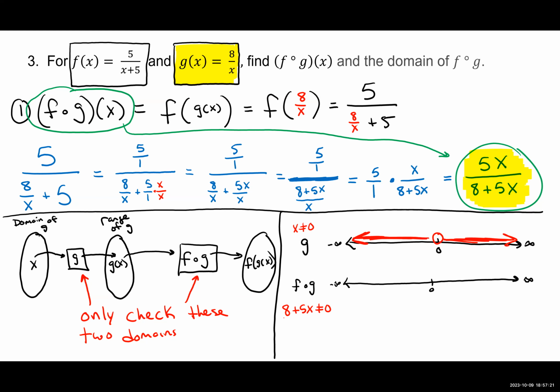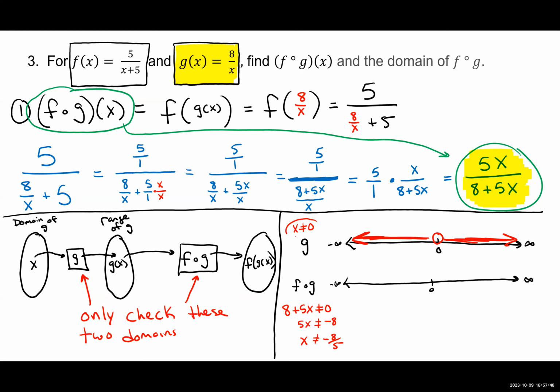What can x not be? Well, if we subtract 8 from both sides, we'll get 5x cannot be negative 8. So minus 8 from the left, minus 8 from the right. Divide both sides by 5. And you'll get x cannot equal negative 8 over 5.